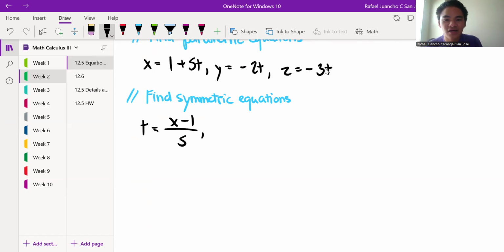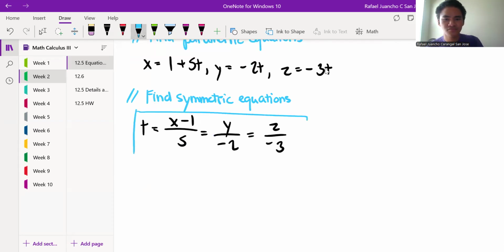And then y over negative 2 equals that, then we have z over negative 3. And that's it. So it's a similar step here.